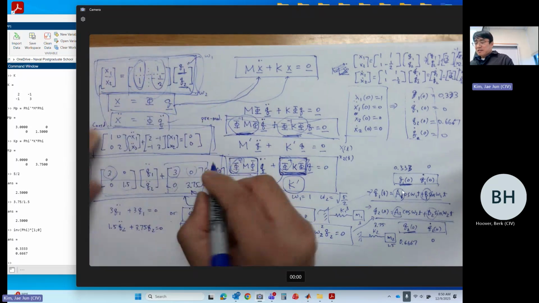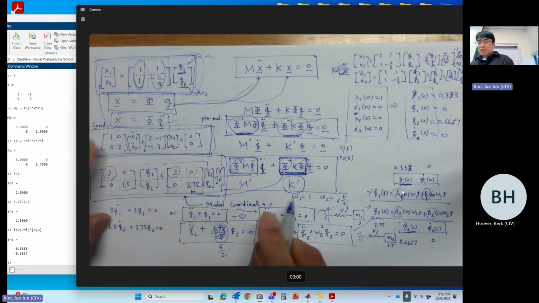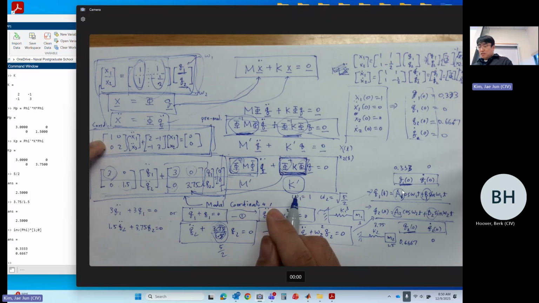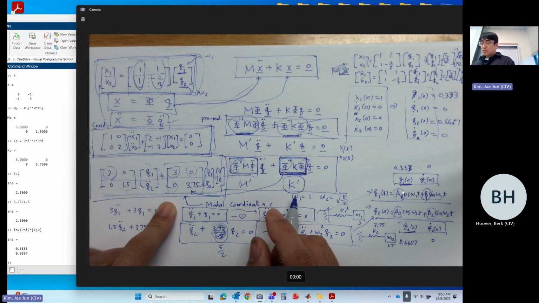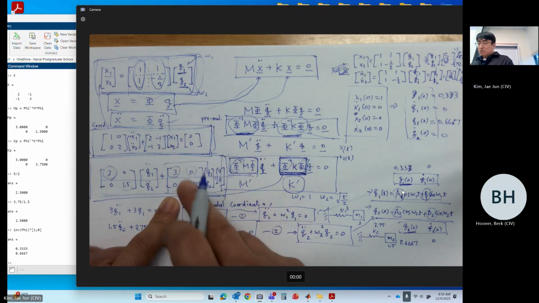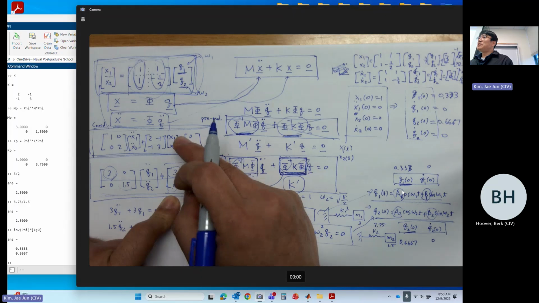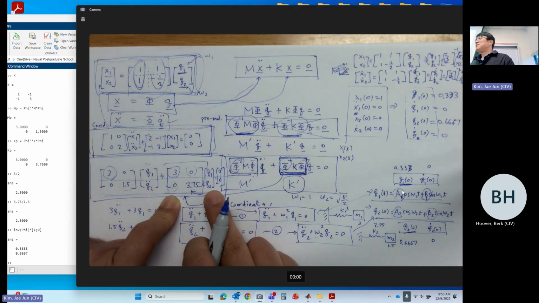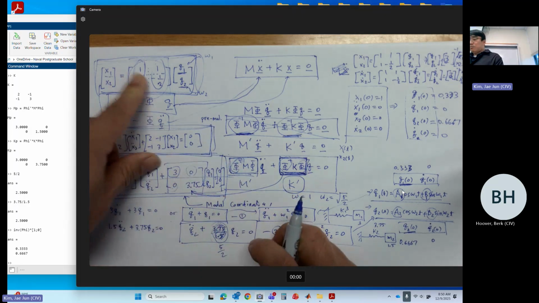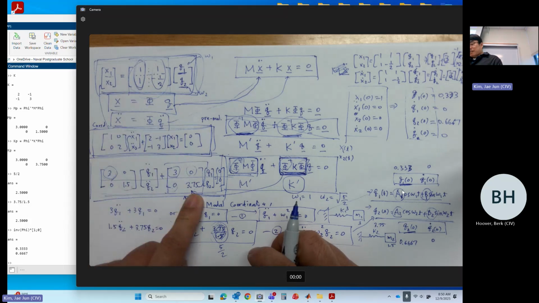transform the equation of motion written in physical coordinate into modal coordinate. So there will be a question on how to transform your equation of motion written in physical coordinate into modal coordinates. Right? And for that, you need the mode shapes, right?